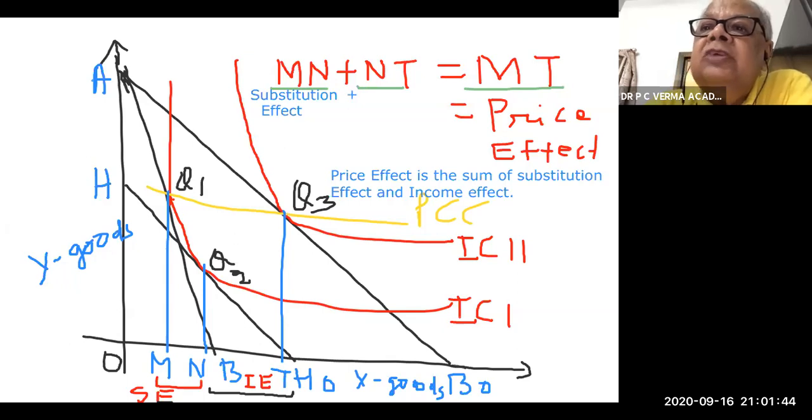The first term is the substitution effect and the second term is the income effect.